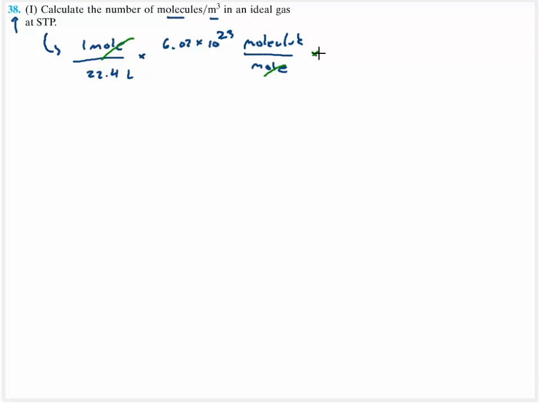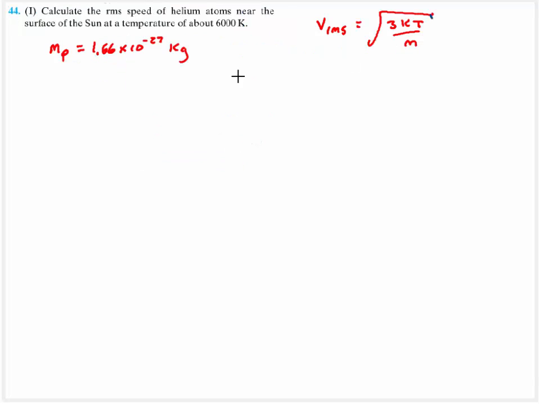Now I simply need to go from liters to cubic meters. We know that 1 liter is 10 to the minus 3 cubic meters, so that's going to cancel that guy out, and just multiply all that together. We're going to get 2.69 times 10 to the 25th. What unit is left is molecules over cubic meter, so molecules divided by cubic meter, and I have my answer.